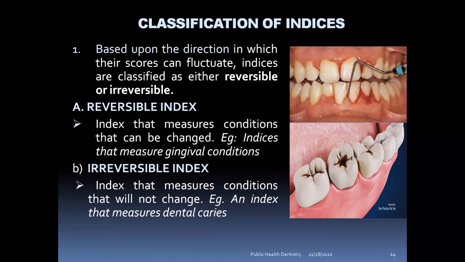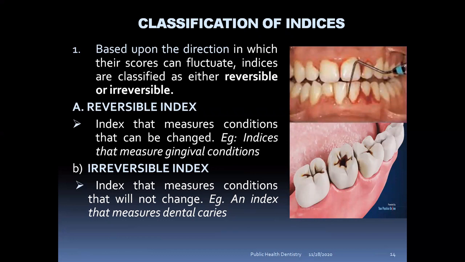If the patient comes to your dental clinic with the complaint of bleeding gums, and you do the scaling in a very good way, the gingival disease can be reversed, right? So that is an example of a reversible index, where the condition can be reversed, like gingivitis.